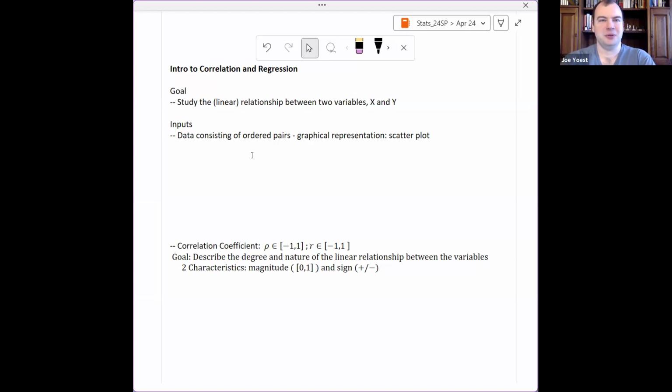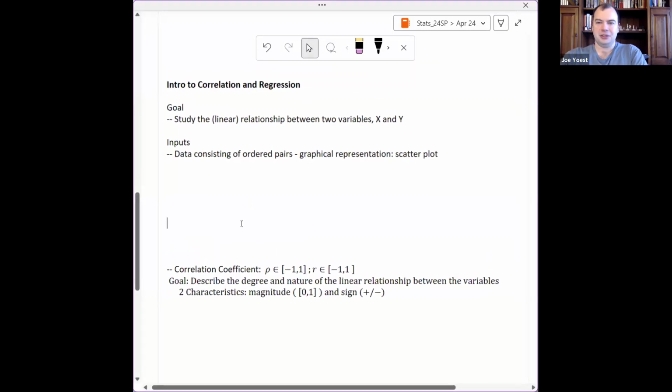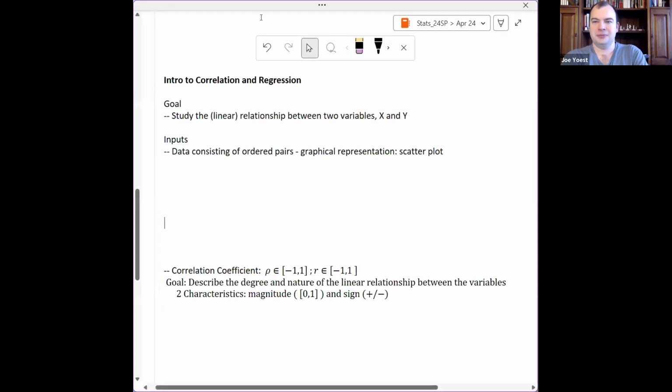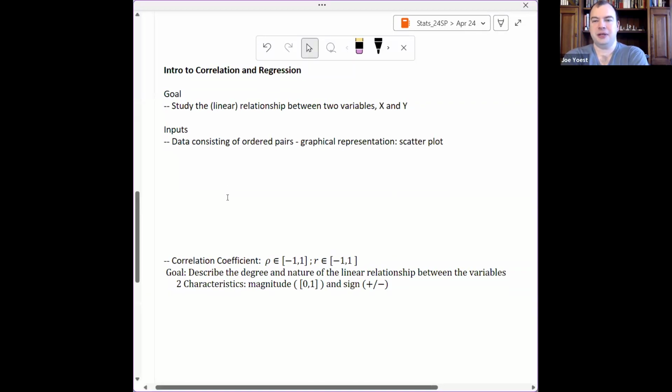Correlation regression is a topic that you could easily take a full semester course on, and you could probably take a 2 or 3 semester graduate level math or stats course on it. So this is a huge topic that can be studied very deeply and very broadly. Of course, we're just scratching the surface here.